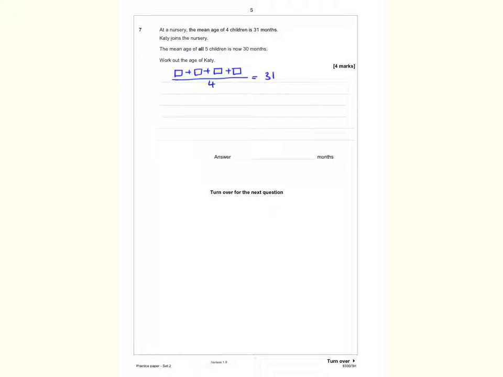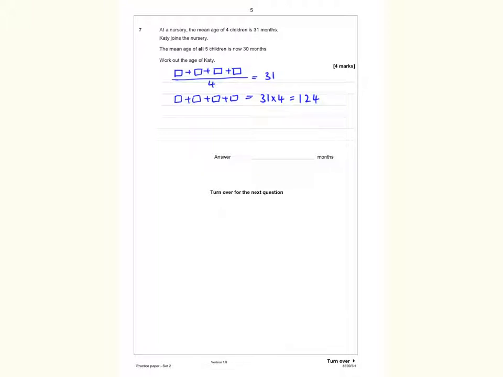Now, later on Katie joined, but actually I can find the sum of the ages of the 4 children by multiplying by 4 on both sides here. So 31 times 4 will give me the sum of the 4 children's ages, which is equal to 124.